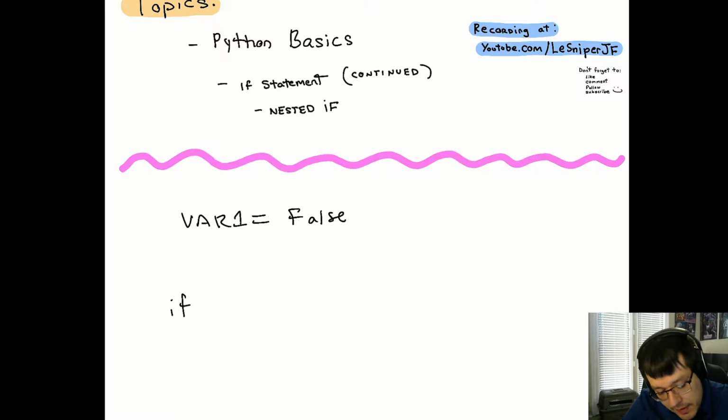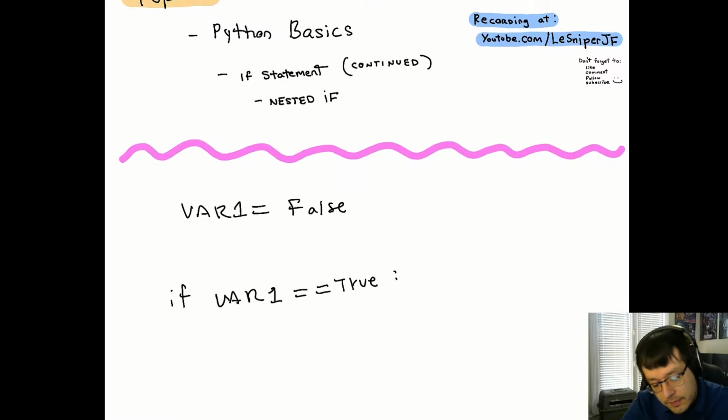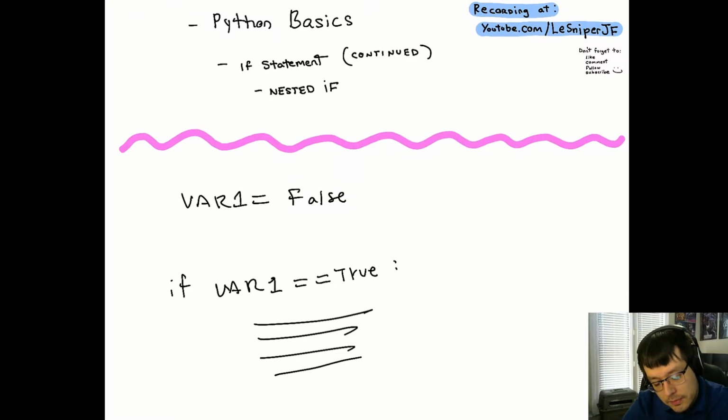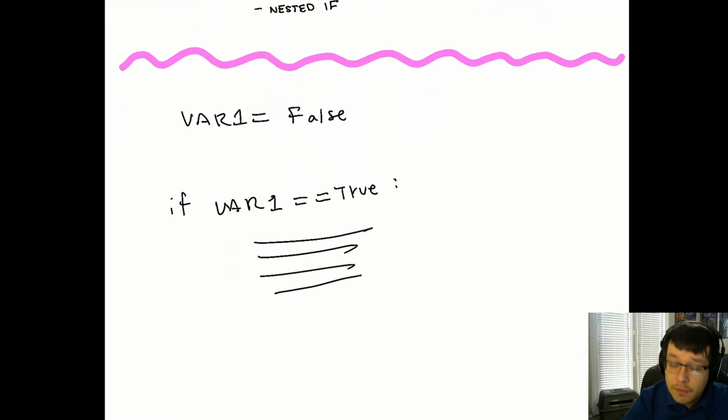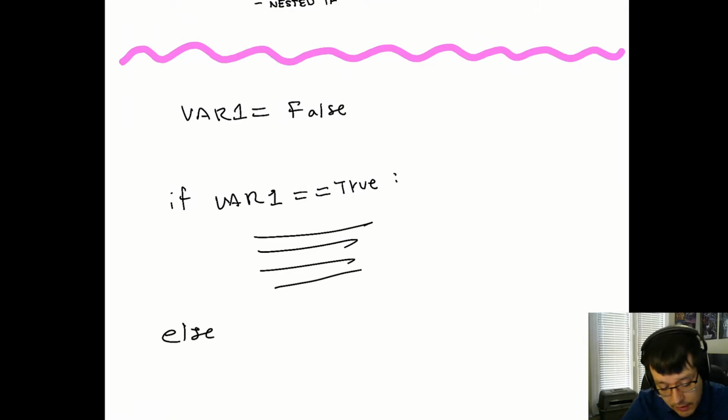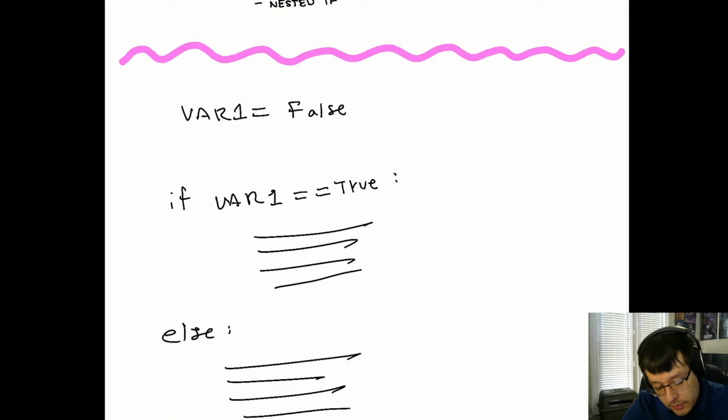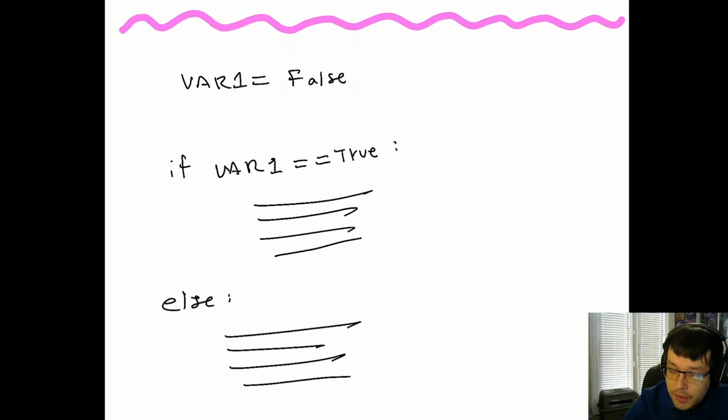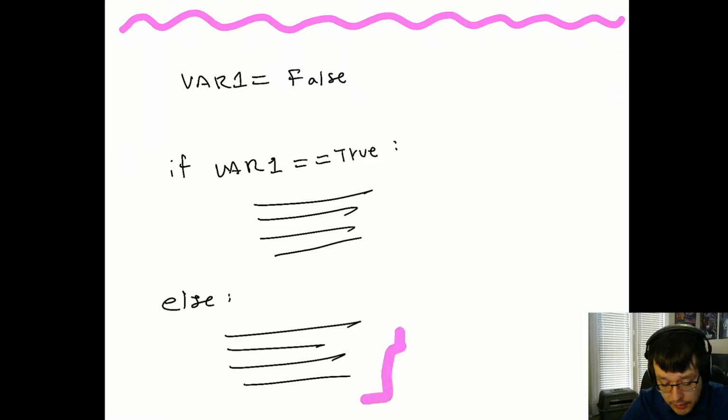If you have an if statement that says something like if bar, first of all, one way that you could do this, but it's not really ideal, is you could say if bar is equal to True. And you can run some code, and that code is going to run when bar is true, and with the else, this code is going to run when bar is false. So in this case, because bar is false, you would be running this code.